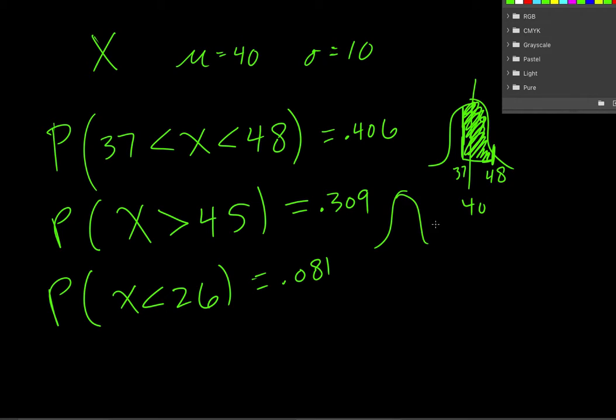For this one, once again, we're at 40, but then we check at 45. And so the area right there, once again, if the entire area is 1, the area of that piece is 0.309. And then if we go down here to 26, and everything below that, that little sliver would be the area under the curve in that situation.